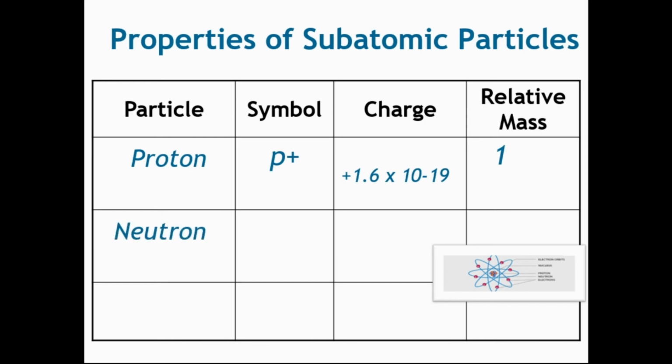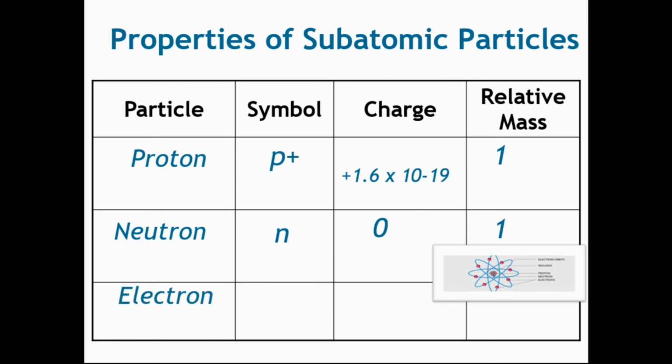Neutron is also located in the nucleus of the atom, just like the proton, and it is symbolized N. It has no charge. So when we put 0 there, 0 implies no charge. So, it's better you even write neutral, okay? And then we know that it also has a mass of 1.